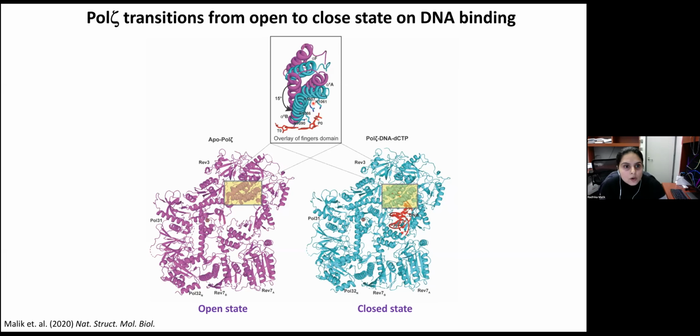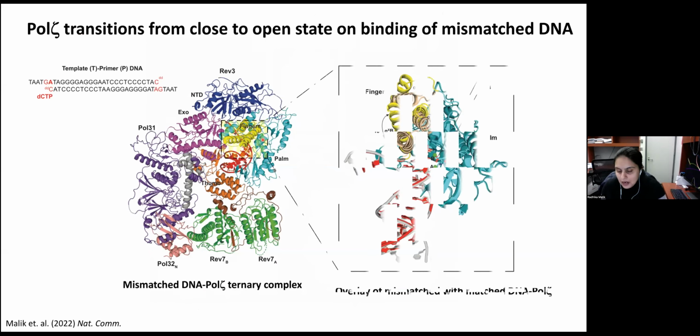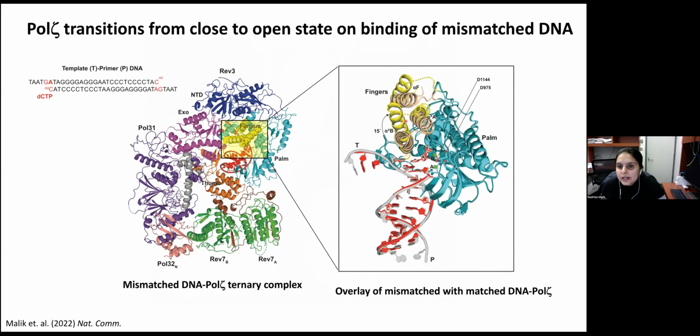Recently, we also determined the Cryo-EM structure of Polζ with a mismatch at the extension position. We used A instead of a G here. And the main difference that we found in comparison to the ternary complex was that the fingers were again in an open state.